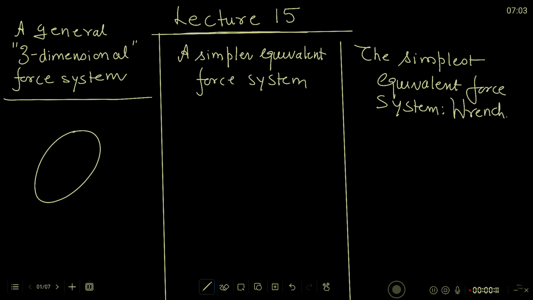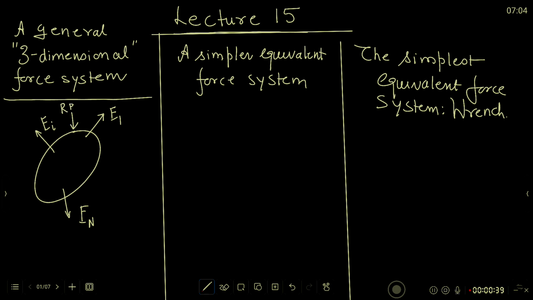Suppose I have a general three-dimensional force system comprised of several non-couple and couple forces. Let me represent all the non-couple forces by F's. I'm saying there are n such non-couple forces acting on the rigid body of interest.